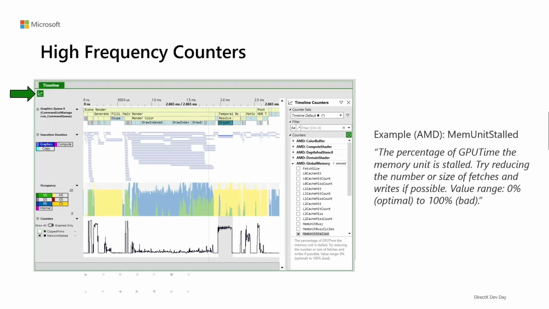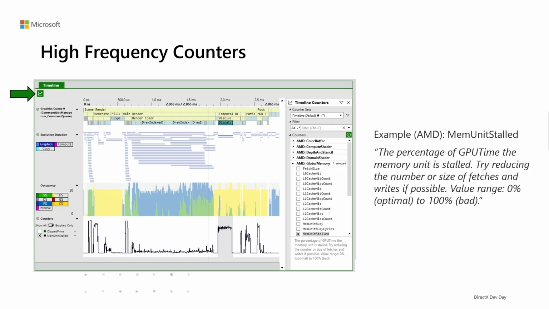The high-frequency counter graphs, well, they're great at helping you understand what is going on within individual GPU events, and especially long-lived ones such as dispatch arrays. But they're also great at giving you a nice visual overview of the counter's value over time and help you easily spot trends or spikes and things like that.